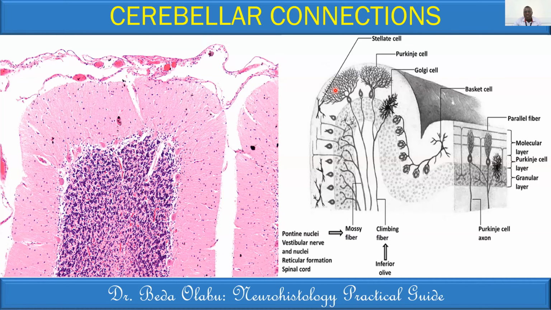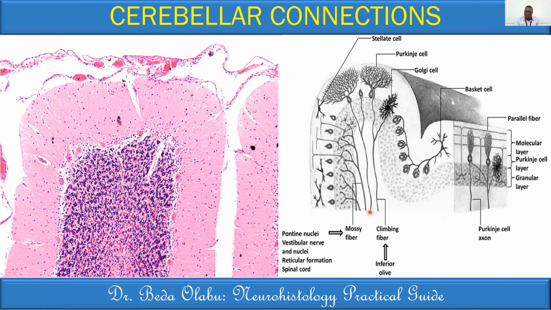From that, as we have learned before, the Purkinje cells are the output neurons from the cerebellar cortex. The axons of the Purkinje cells project primarily to the cerebellar deep nuclei.